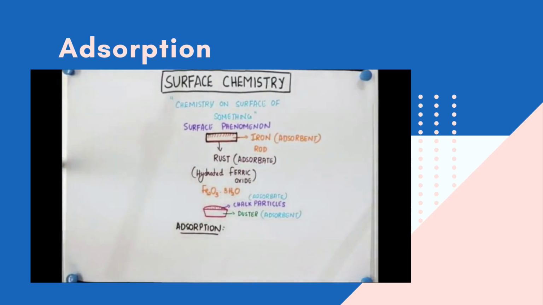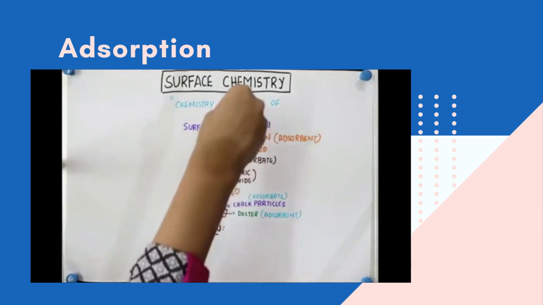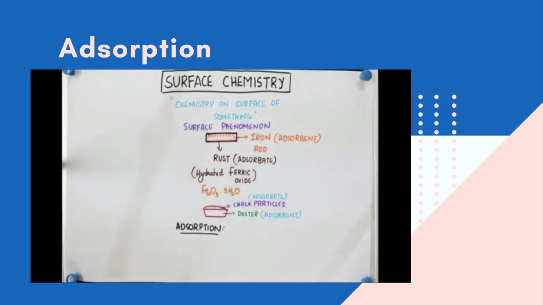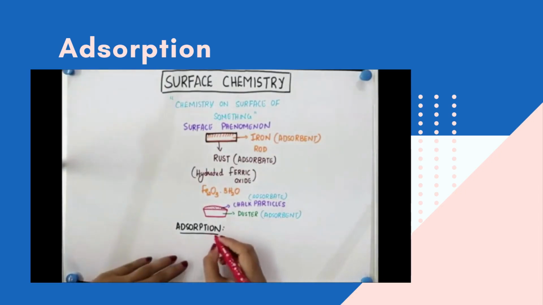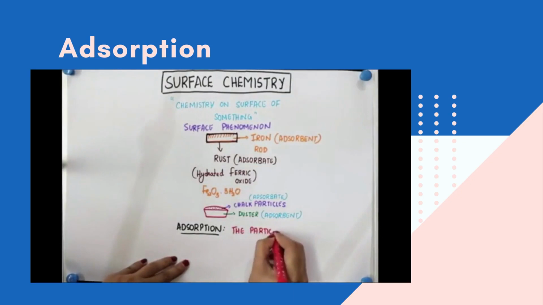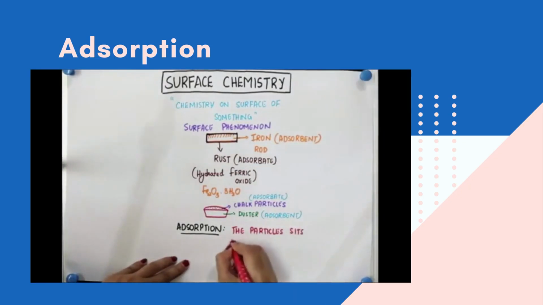Yes. So now what is adsorption? We can see some particles getting accumulated on the surface of a solid substance or any substance for that matter. That is called adsorption. So adsorption is a phenomenon where some particles, which we call adsorbate, sit on some surface, which we call adsorbent. So the particles sit on something.